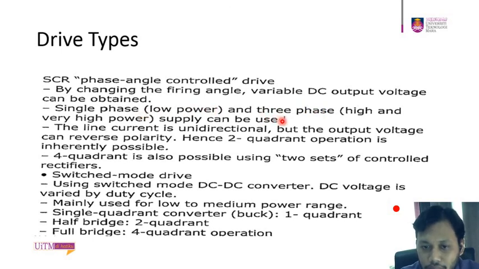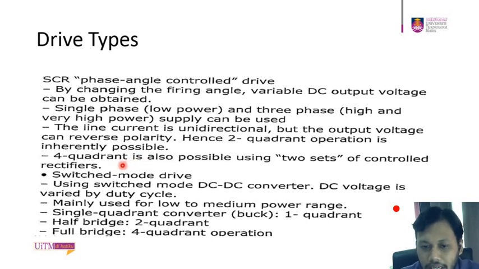The line current is unidirectional, but the output voltage can reverse polarity, hence two quadrant operation is inherently possible. Four quadrant is also possible by using two sets of controlled rectifiers.